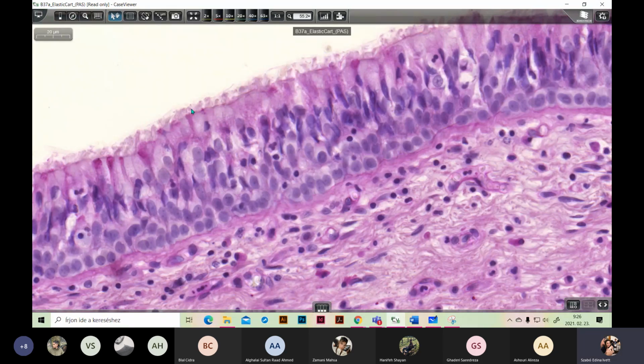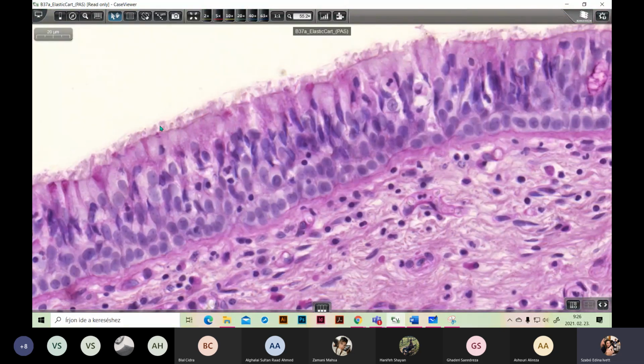I mentioned that it's ciliated, and how can we recognize the cilia? I know I asked this question several times, but because they are parallel, and we have basal bodies on them. We see them separately from each other, that's why they are bigger than the microvilli, and we can see the line of basal bodies. For example, here you see the line of basal bodies very well. That's why we can recognize the cilia.